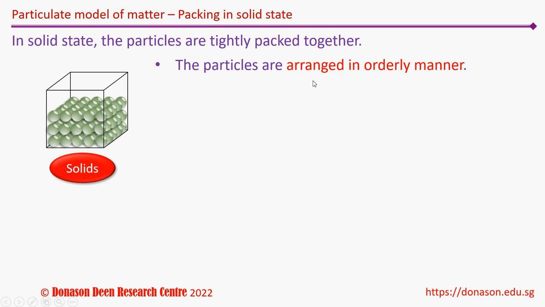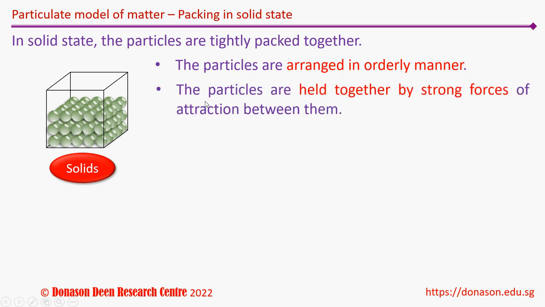Particles are arranged in an orderly manner in the solid state, and the reason they can be arranged in such an orderly state is because the particles are held together by strong forces of attraction between them. If it is a solid metal, then the metallic bond keeps all the atoms of the metal together in a very regular manner.